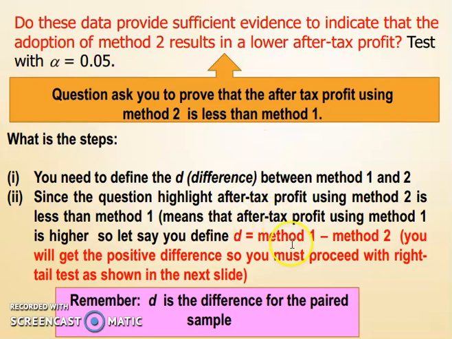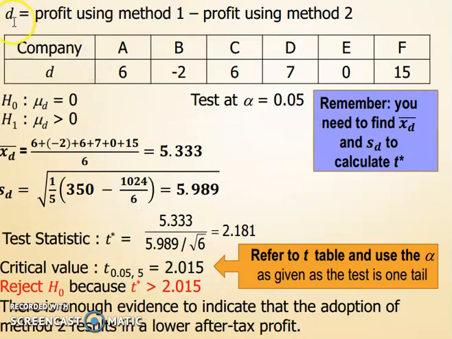So if method 1 minus method 2, then it will give you a positive difference, because we are claiming that method 2 gives a lower after-tax profit. So D here is the difference in profit using method 1 minus profit using method 2.